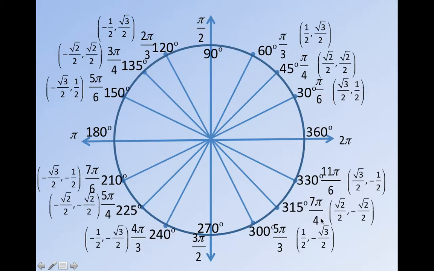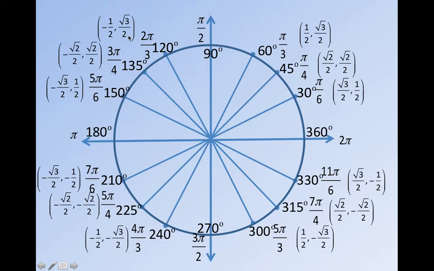Here's the 7 pi over 4, square root of 2 over 2, and negative square root of 2 over 2. When you're looking at a denominator of 3, the cosine, the first coordinate, is going to be 1/2. I look at that because 1 plus 2 is 3. 1/2, square root of 3 over 2. Every single one that has a denominator of 3 is going to start with 1/2.